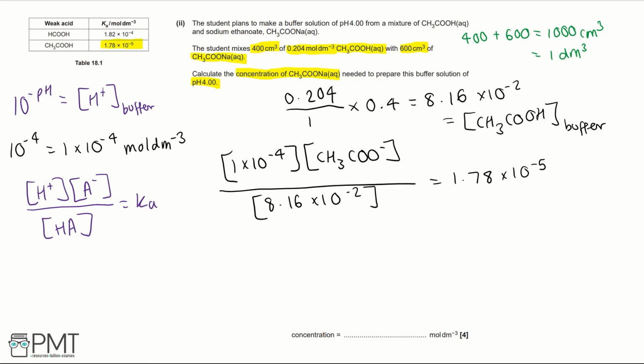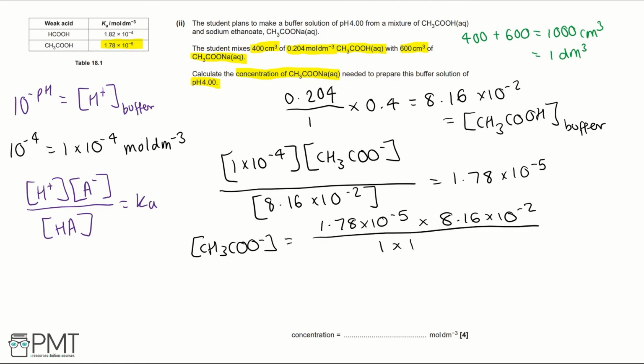Rearranging this for the concentration of this A minus, or this ethanoate ion, we get that CH3COO minus is equal to 1.78 times 10 to the minus 5 multiplied by 8.16 times 10 to the minus 2, divided by 1 times 10 to the minus 4.